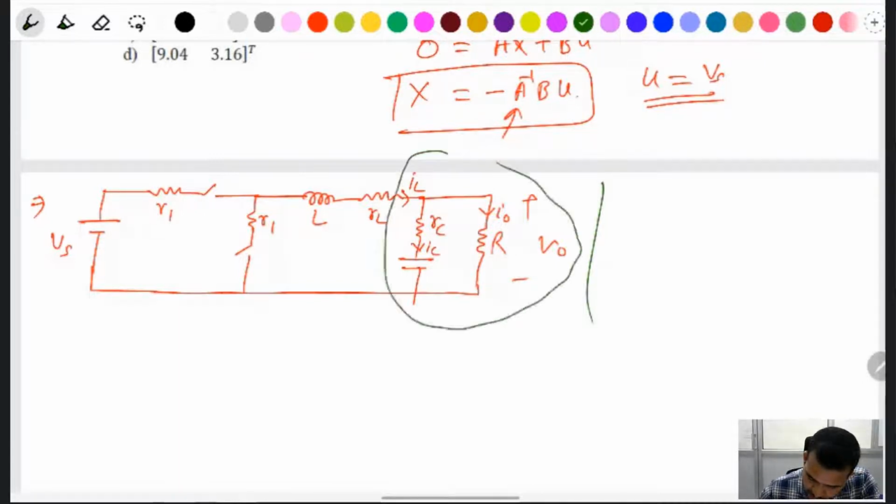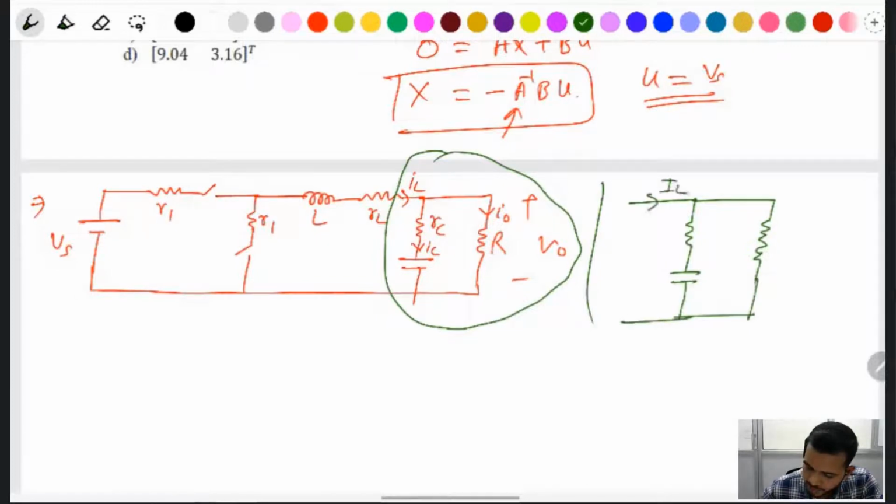See here, you can see only this portion. I have written it like that. IL current flows here.